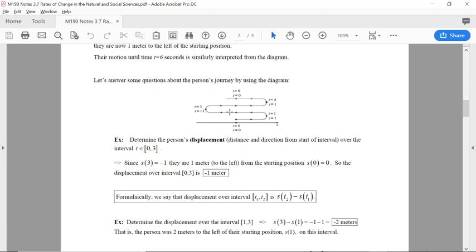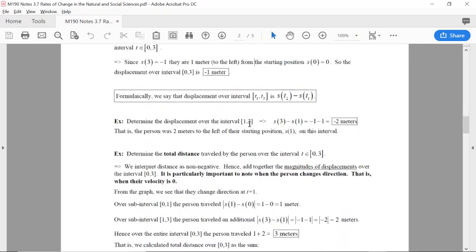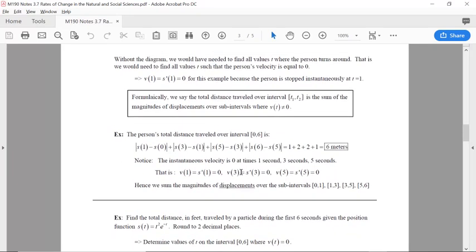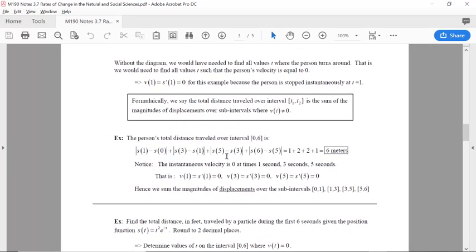So the sub-intervals we're going to want to analyze are from 0 to 1, 1 to 3, 3 to 5, and 5 to 6. And again, those sub-intervals are found around values where the velocity would have been equal to 0. But we are calculating the difference in the position.